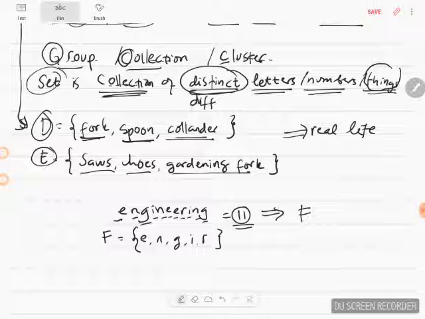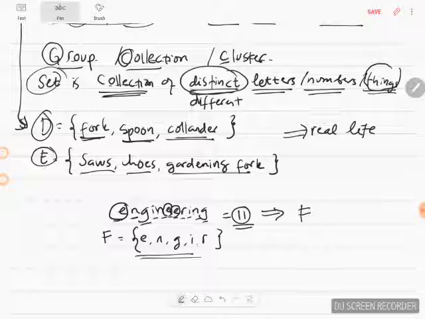And this F is usually called set F, and it is written in capital letter, or if you don't know that, it is the big letter F. And then what is inside are called elements. So E, N, G, I, R, they are called elements, or in other words, they are also called members.